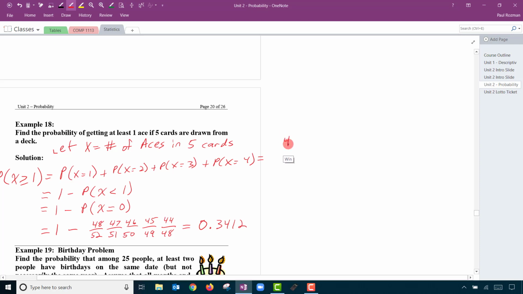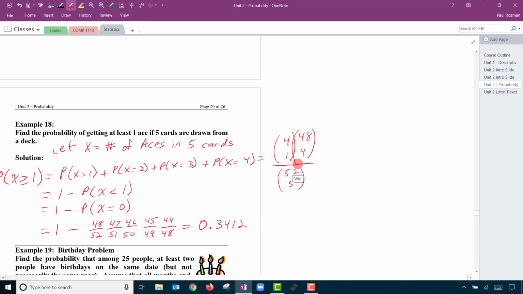You have 4 aces, you need one of them, and the order doesn't matter. And then there are 48 non-aces, and you'd need to pick 4 of those. And then you would divide that by all the different ways that you could choose 5 cards in a deck.